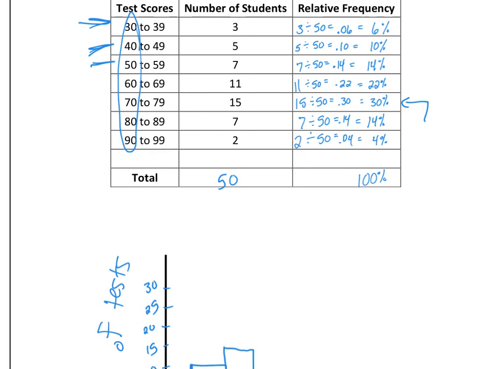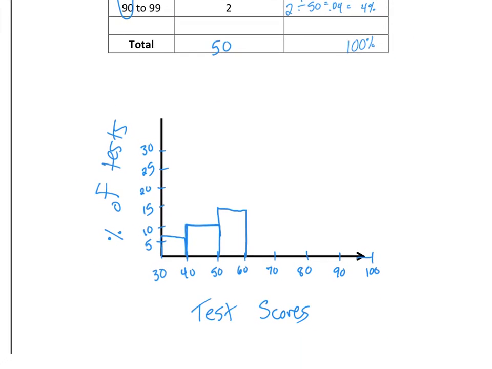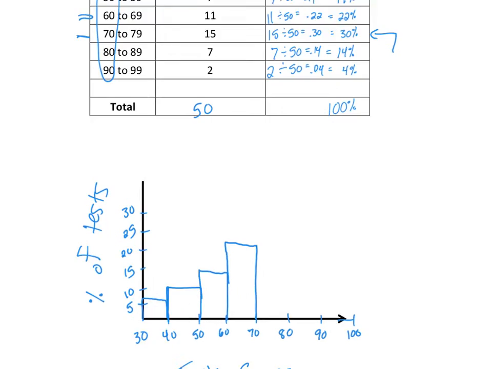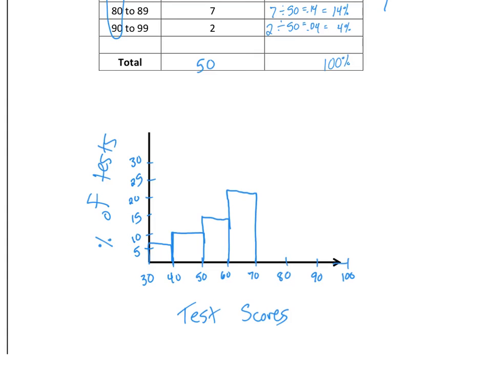The 60 to 69 or 60 up to 70 is 22%. We have to go up to 22% and over and down. Then the 70 to 79 is the one that goes up to 30%. So from 70 up to 80 goes all the way up to 30% and over.